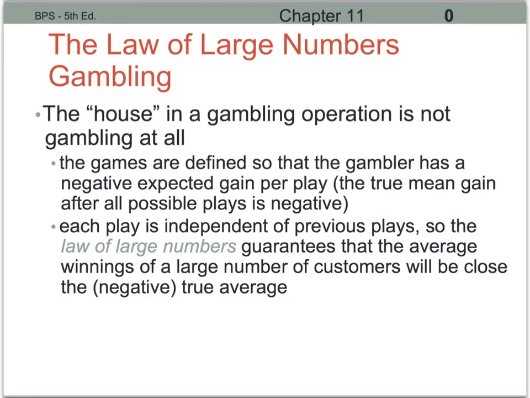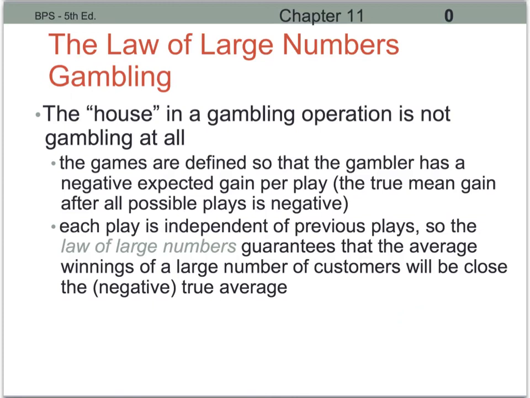So if we look at gambling, this is how the law of large numbers comes into play in gambling. The house in the gambling operation, they're actually not gambling. They know they're going to win, because the games are defined so that the gambler has a negative expected gain per play.